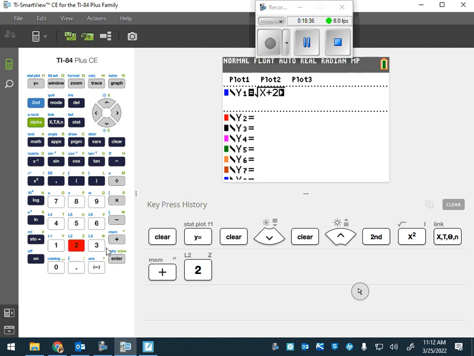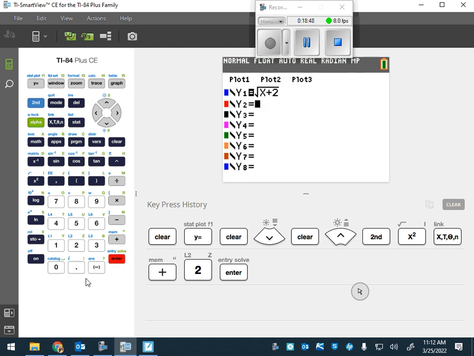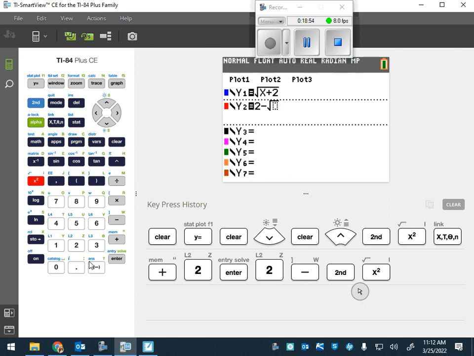Okay? Everyone okay? Y equals is above the second key. Okay? Then in y2, 2 minus second x squared, x. X is below the mode key.